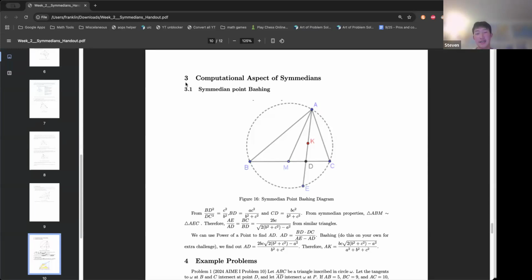And after you have the areas, if you really need to, you can bash out the ratio of the areas. And after you find the ratio of the areas, you can use AK over AD to find AK, which is a quite sad process to bash, but it could be our last resort if you really have to bash in terms of the Symmedian point.